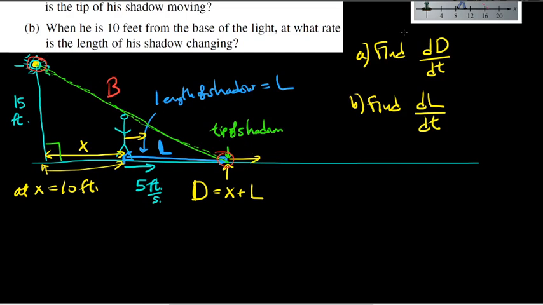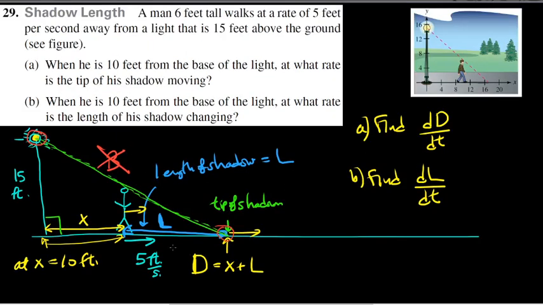But we don't know anything about B, and in fact, the question has nothing to do with that distance. So why bother? We don't need the Pythagorean theorem here. You can use it, it's an option, but I don't think it's going to help you much. We also don't know anything about the angles. We don't care about this angle or this angle.